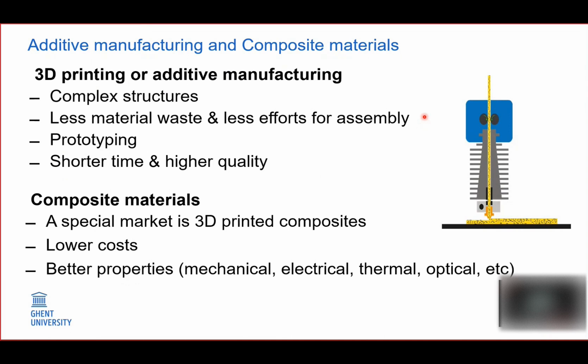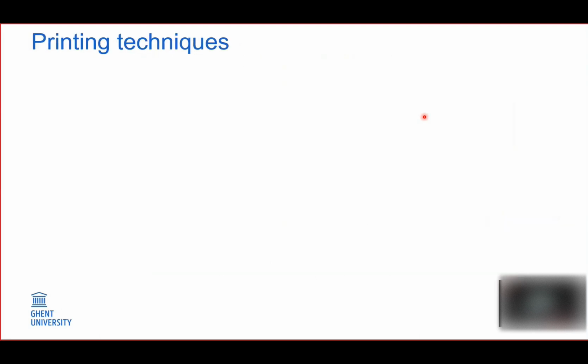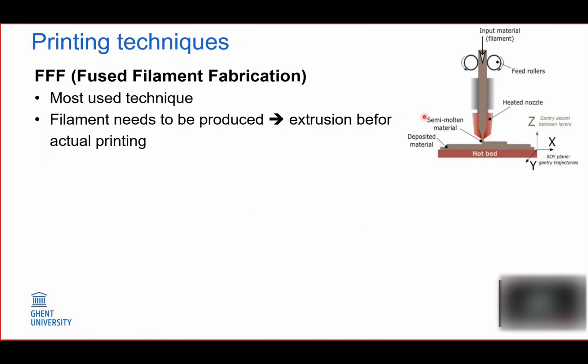For the composite material, there are some examples of processing via additive manufacturing techniques, but they are rare. So that's why we are doing research in that area in particular. And for the printing technique, I will introduce fused filament fabrication. This is an industrially employed technique in which we take a filament, so a wire of a polymer or a composite.